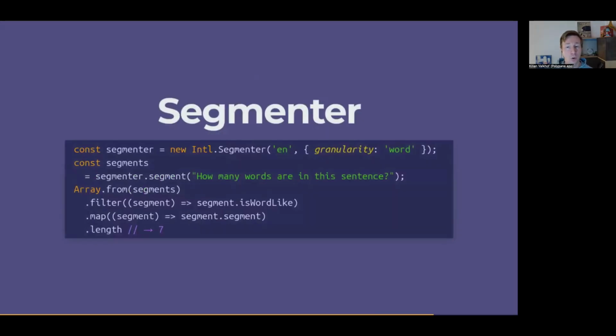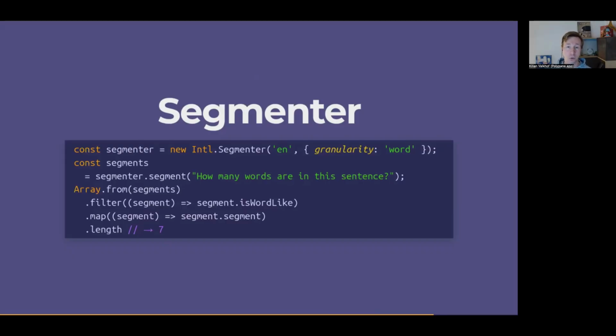Now, let's go over all these examples with the Segmenter API, beginning with counting words. For English, our split trick worked fine, but with the Segmenter API, we can do this the correct way. We specify the language and set the granularity of the segmenter to words, so that it breaks the text string into words.